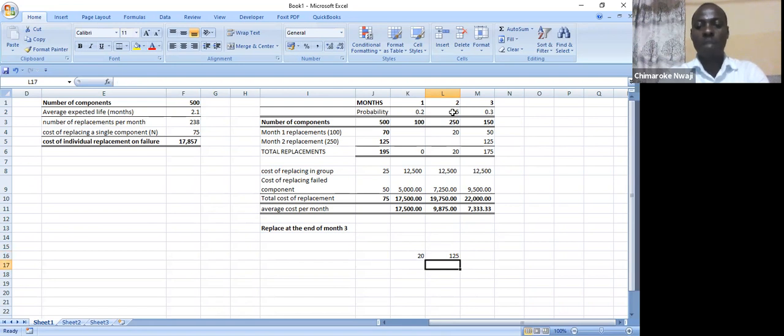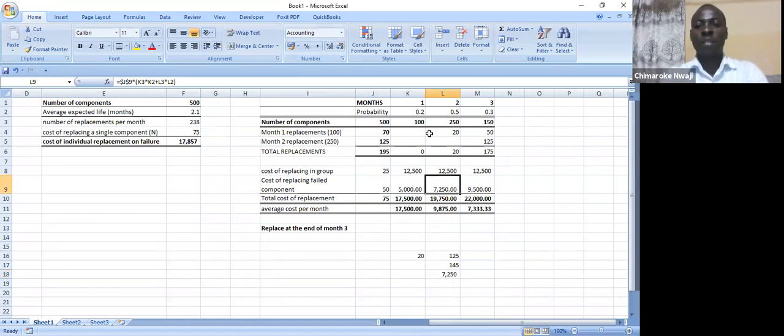You add them up together: 20 plus 125 gives you 145. You multiply 145 by 50 and you have 7,250. That's how we got the 7,250 that you saw here.